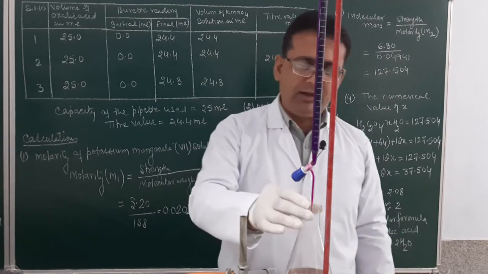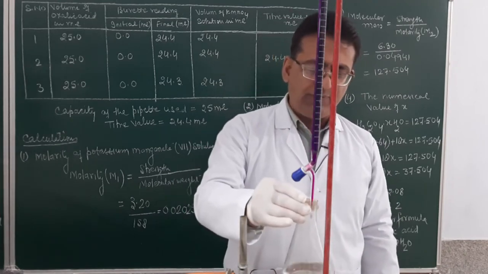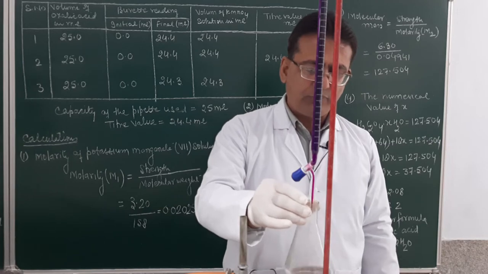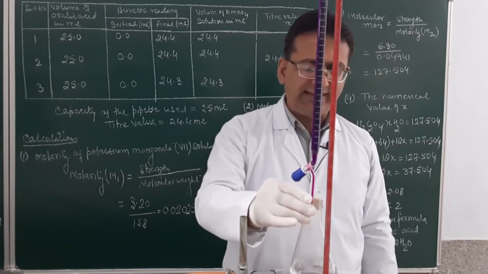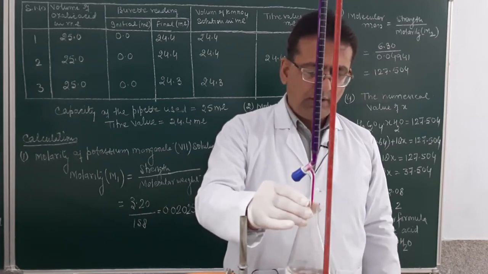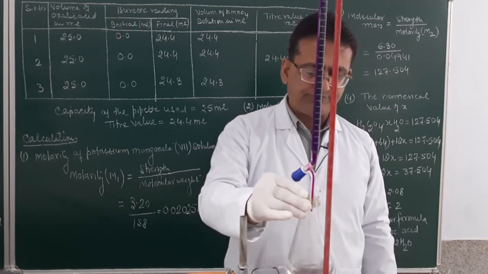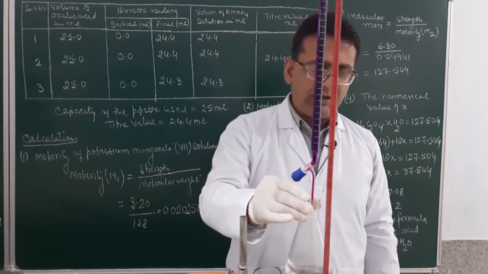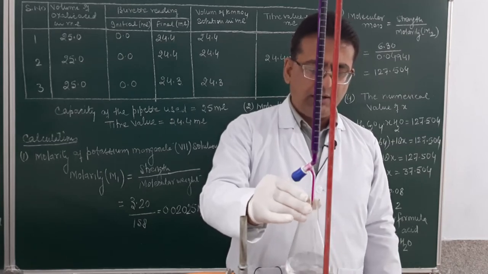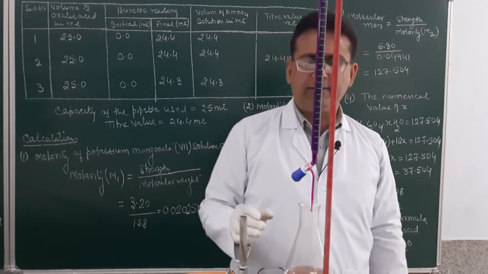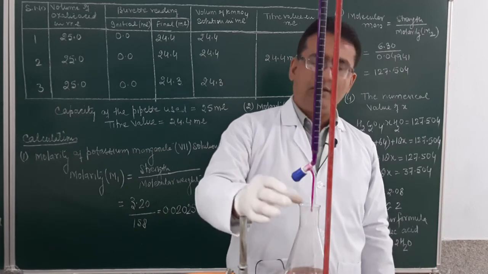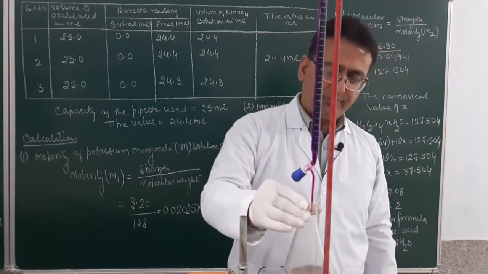You can see over here, KMnO4 solution is being added into the oxalic acid, which is being heated to 60 degrees C, and as soon as the light persistent pink color is observed, that will indicate the end point of the titration. You may see over here, student.